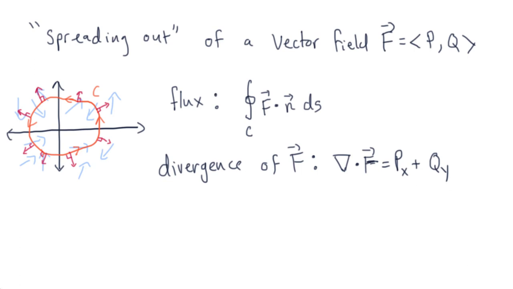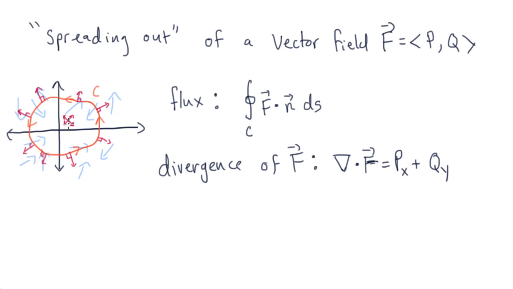So then what does this represent geometrically? Well, if I evaluate the divergence of the vector field at a point, just like the curl represented the rotation around the point, the divergence is basically measuring the spreading out, or the divergence, of the vector field around that point.